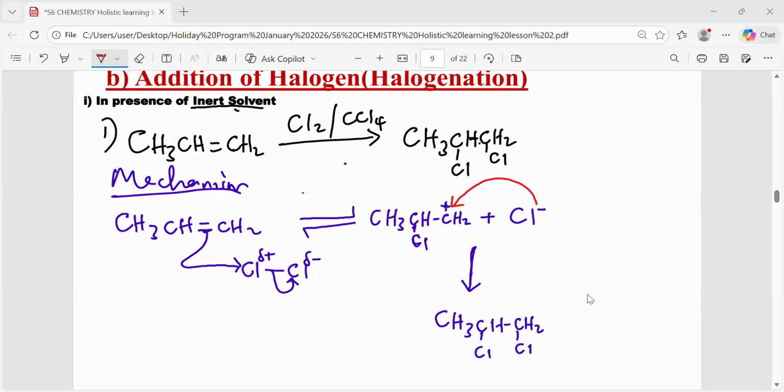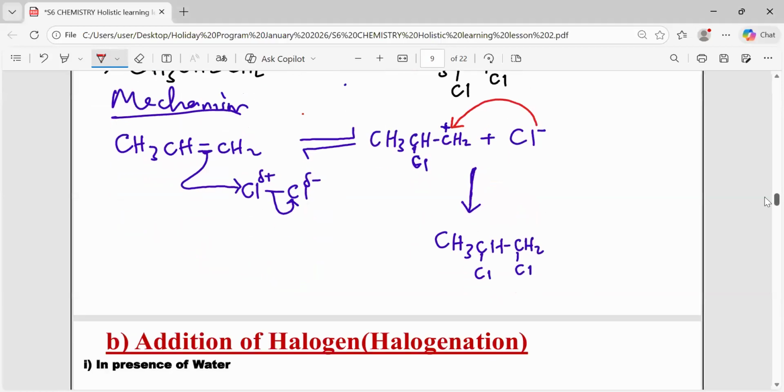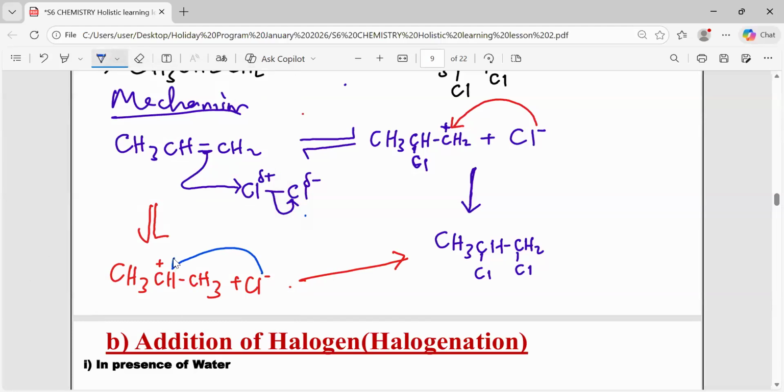We'll have the first chlorine atom, which came from the partial positive charge, attached to the first carbon atom. Then at the last point, the last chlorine that forms the vicinal dihalide forms on the middle carbon atom. So we would have something like this, plus chloride ion, and finally it comes back here, and this one is going to come and attach on that.